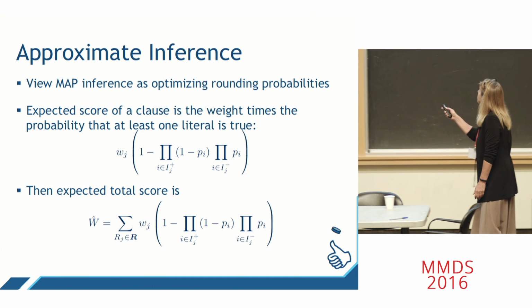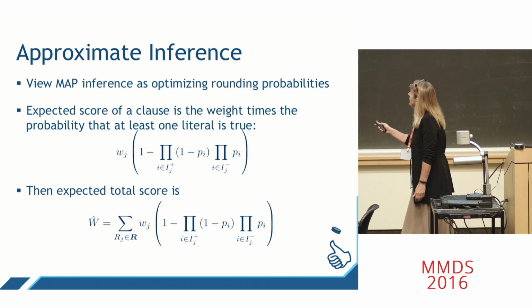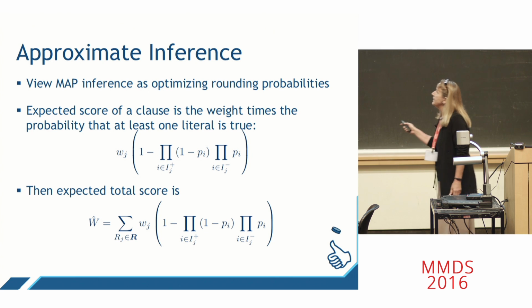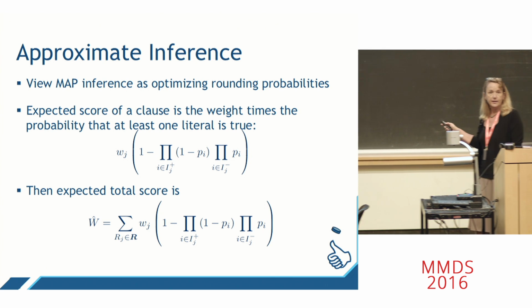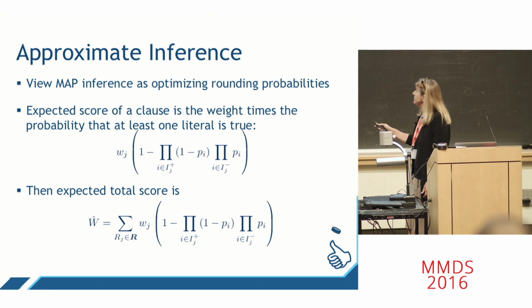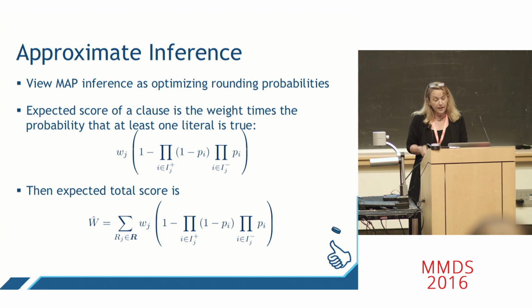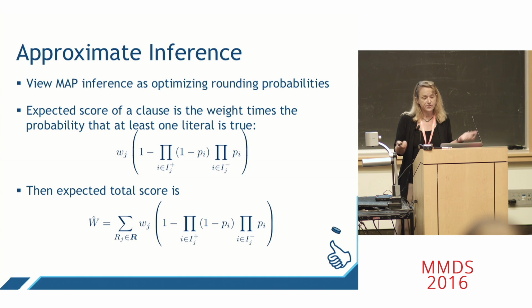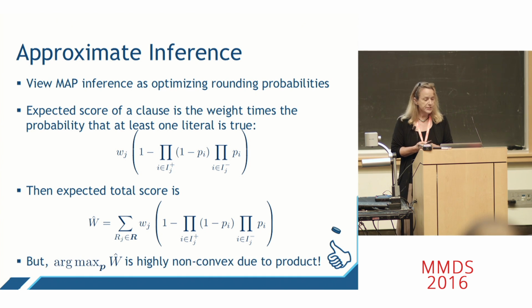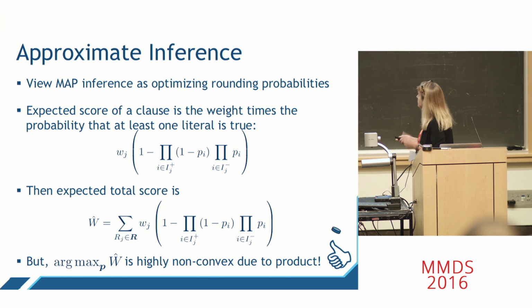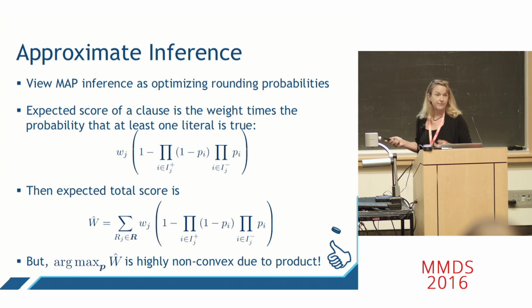I can rewrite it in this simple way, and then I can rewrite that exponent as this sum. And I can say, okay, let's try and solve this instead. Unfortunately, this still ends up being highly non-convex due to the product, so I haven't gotten that far.